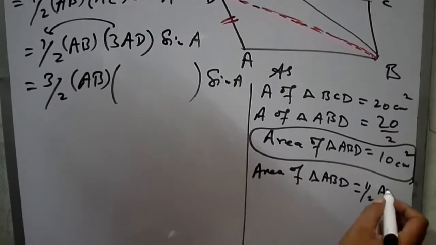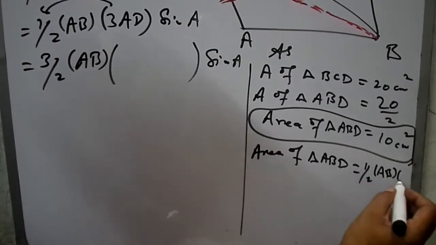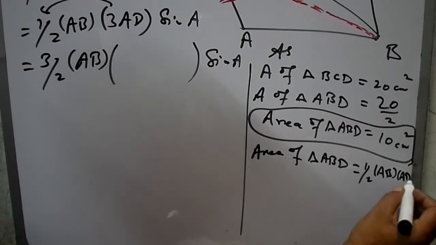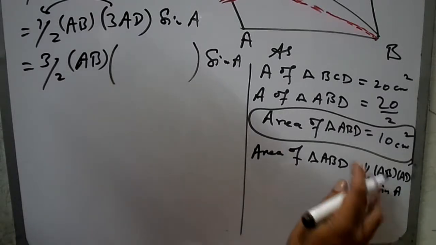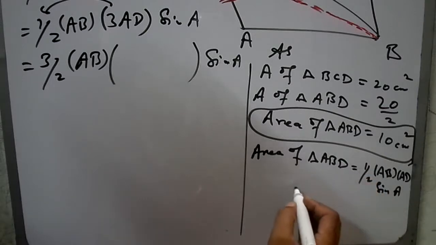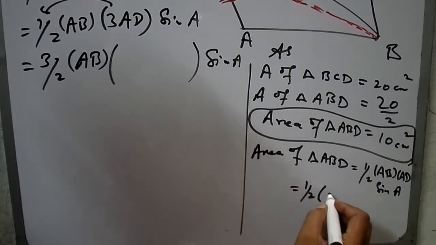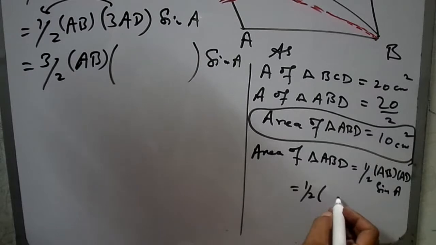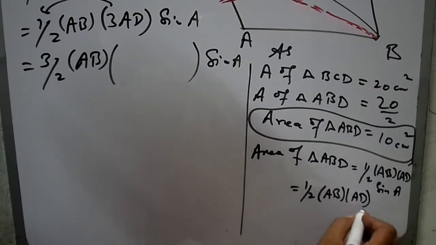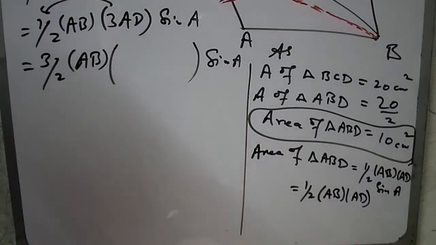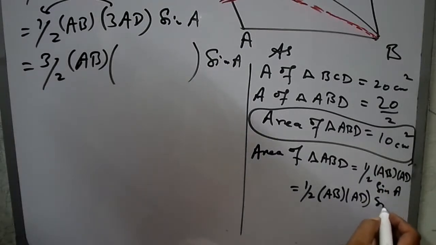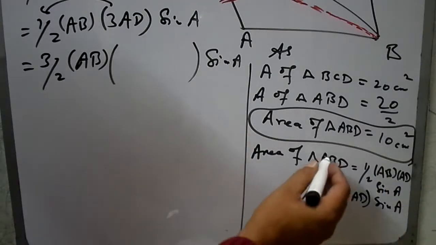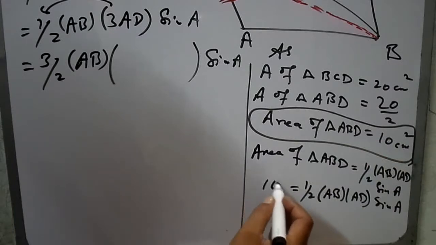Here the base is AB, the altitude is AD, and times sine A. So putting the values, that is AB, AD and sine A. We write it again in the same way, because the area of the triangle is equal to 10.